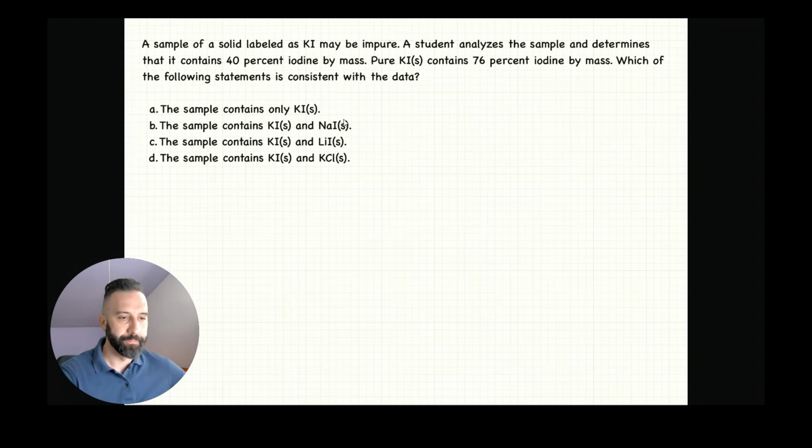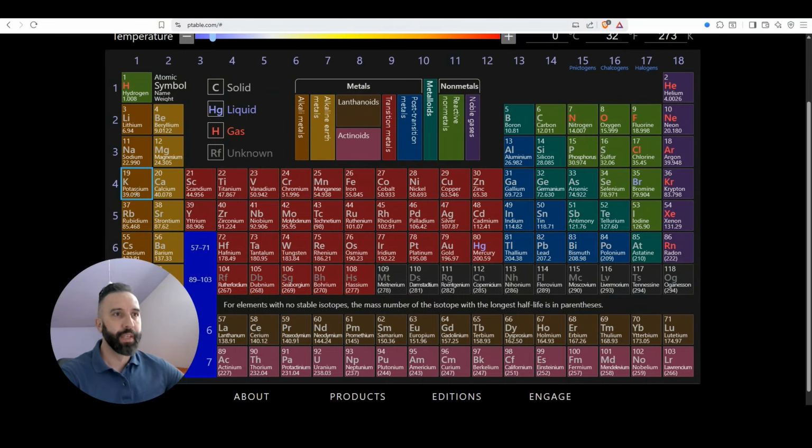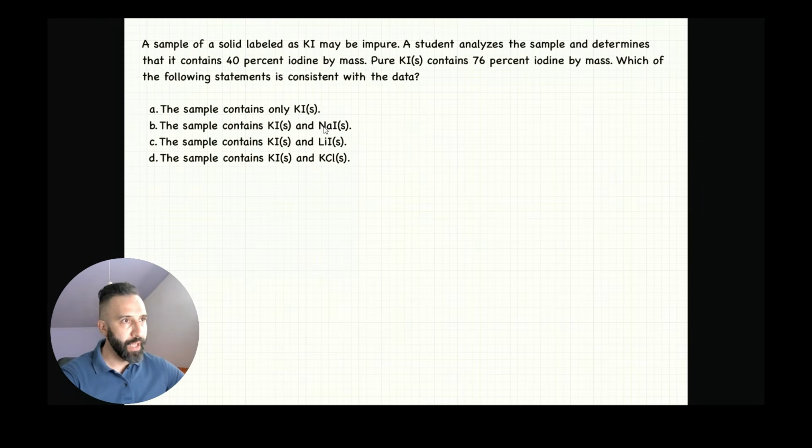Now let's see. K has a bigger molar mass than Na. So actually, if you add NaI, percentage-wise, the mixture will have more iodine than 76, not less. Why?